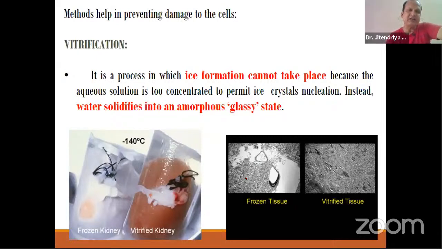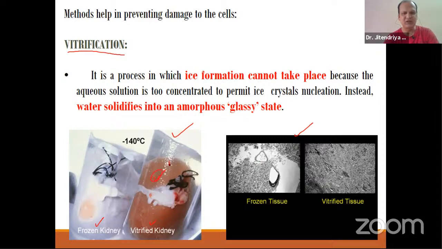So during cryopreservation, what are the three different steps by means of which we can protect this plant material? The first one is vitrification. Here I have shown two photographs. This is a frozen kidney, and this is a vitrified kidney. By looking at these two, you can judge that this one has more survivability.